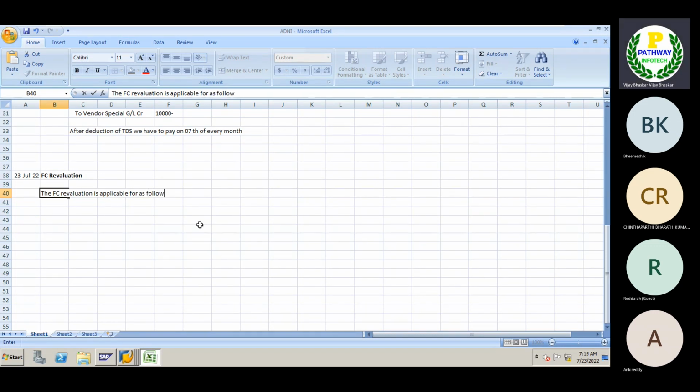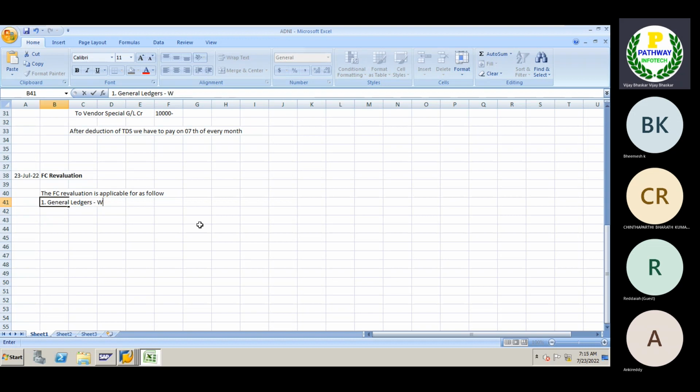applicable as follows. Remember, one is GL, general ledgers, meaning when we calculate foreign currency on general ledgers.